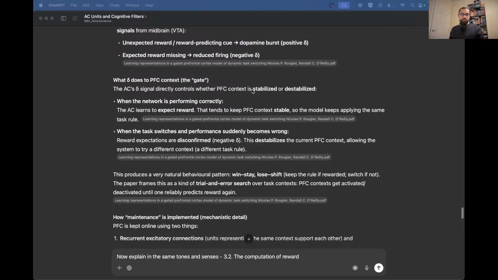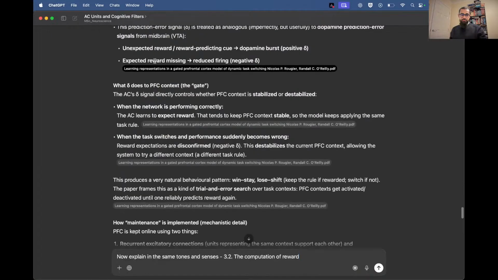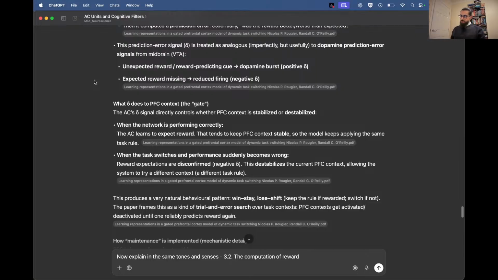An unexpected reward predicting cue gives a dopamine burst. Expected reward missing. That makes sense.